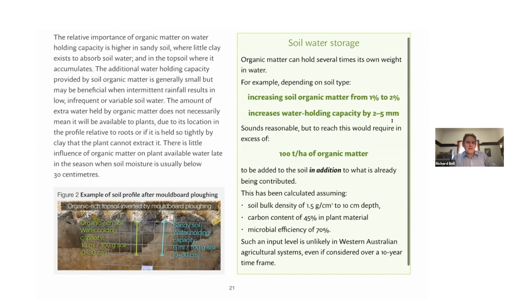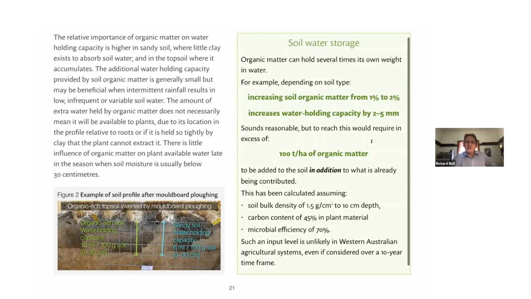So when we think about 5 millimeters of water, that has the potential to produce an extra 100 kilograms of grain using 20 kilograms of grain per hectare per millimeter of water, which is the standard figure that we use in the French-Schultz equation.